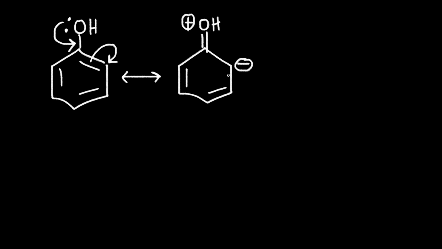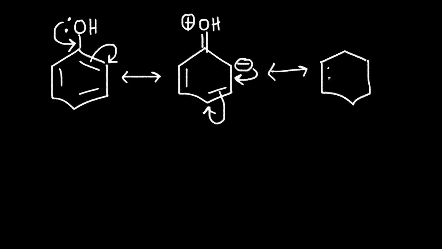And we can move this negative charge around the ring. The electrons from that negative charge form a new double bond in this position, which forces this bond to break, because as before, carbon can only have 4 bonds. So then we get this, with a negative charge on this carbon.